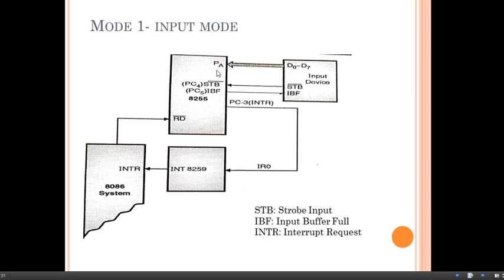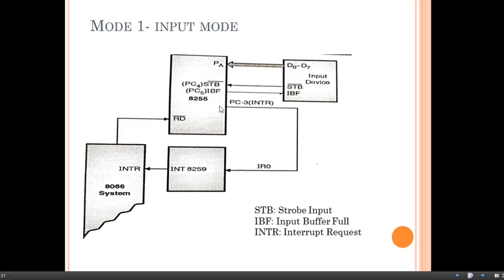This port A uses 3 bits of port C, that 3 bits are PC4, PC5 and PC3. And if instead of port A, port B is used, in that case port B uses PC0, PC1 and PC2 signals for handshake purpose. So here port A is selected as input, and for that PC3, PC4 and PC5 lines of port C are represented.